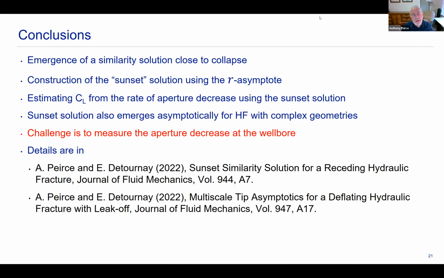Oh, so the fracture is not uniformly closing. The elasticity is all included in the coupled equations, right? No, what I'm saying is the tip of the fracture doesn't move back, doesn't recede. The fracture doesn't get shorter. It just simply gradually reduces in its width.